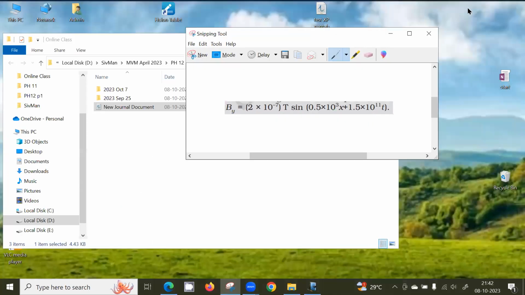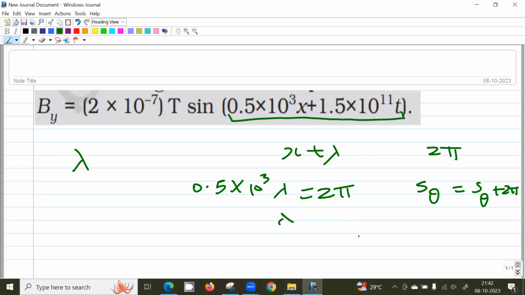Now the time period is capital T. If we change t to t plus capital T, the extra thing I'll get is 1.5 into 10 raised to 11 into capital T. That should be equal to 2 pi, because the periodicity will not change.